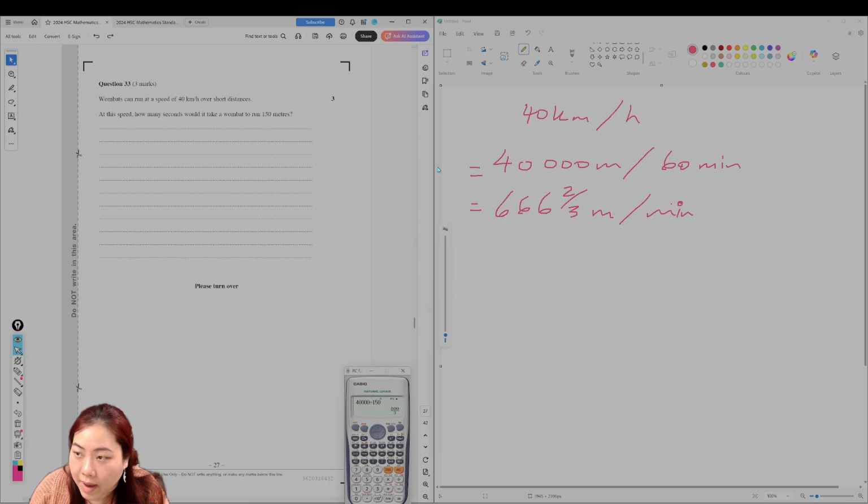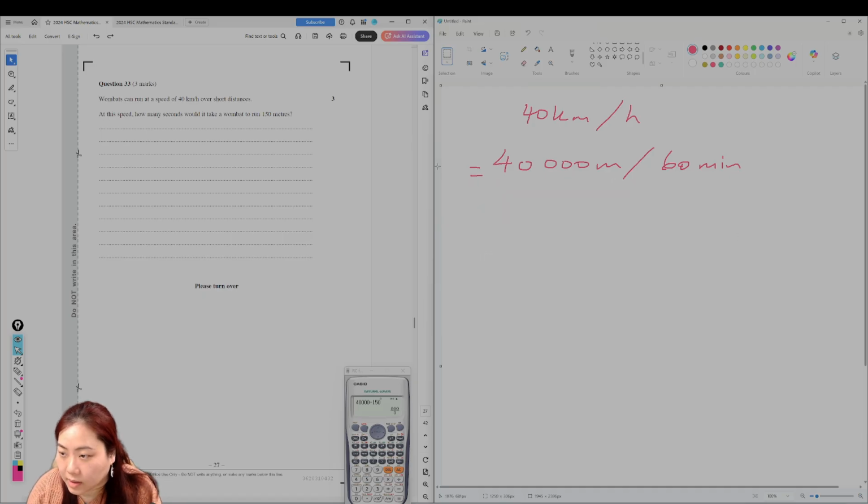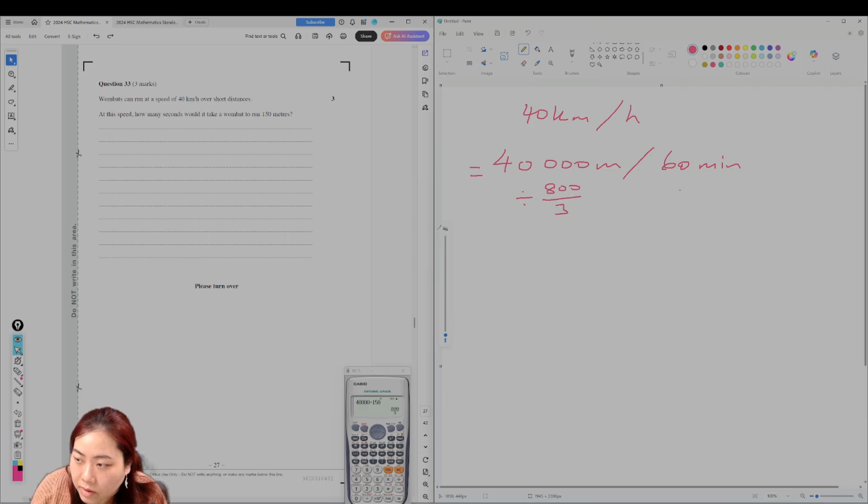Let's scrap this, and instead I'm going to divide by 800 on 3 on both sides. If I do that, I'm going to get 150 meters on this side, and then 60 divided by that is 0.225 minutes.